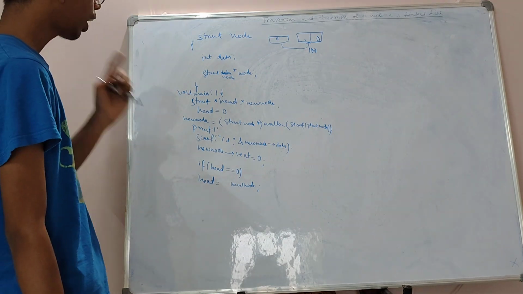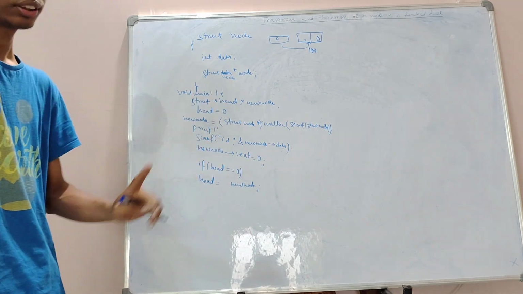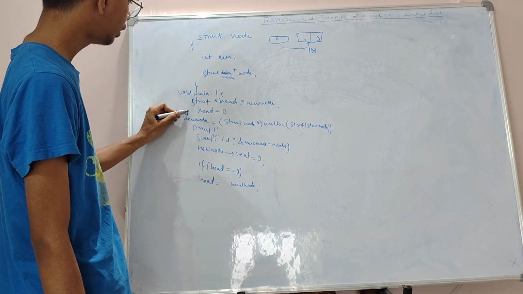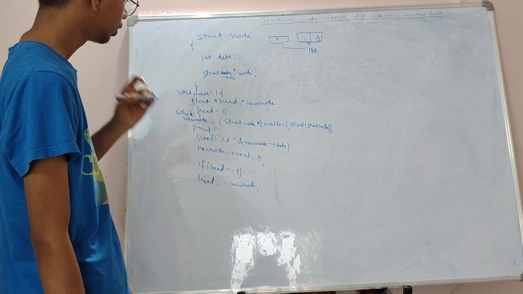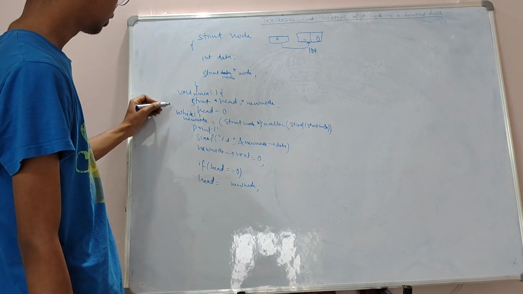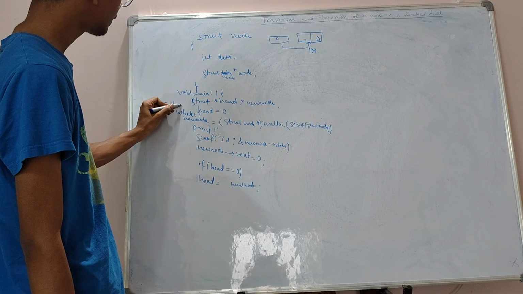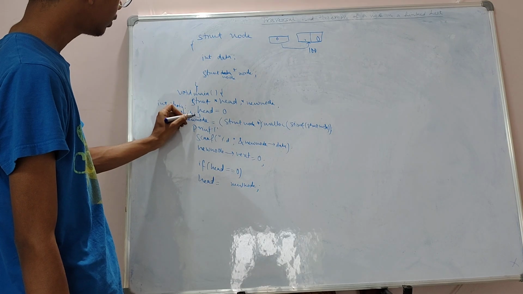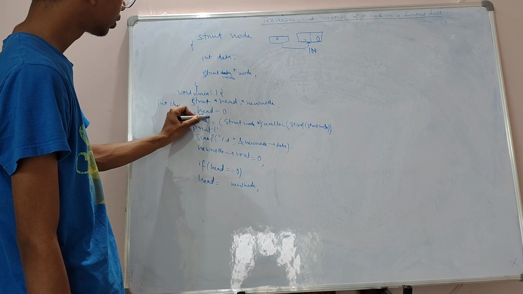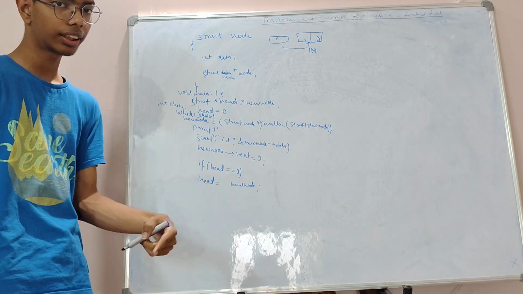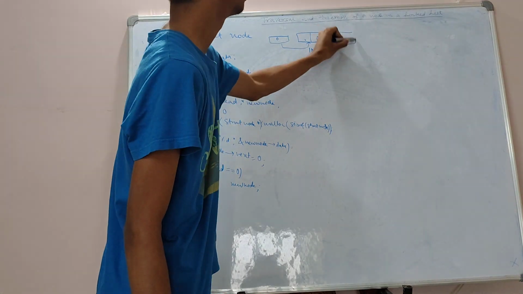Now what I will do, I will run the loop again, right? So for that I should have declared a while loop here, and here int choice, and if this is 1, then my loop will run again and I will create another node, right?